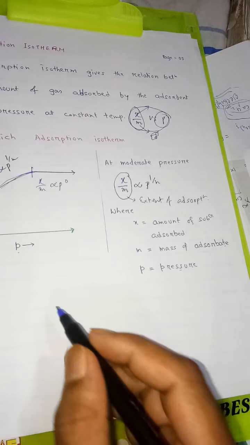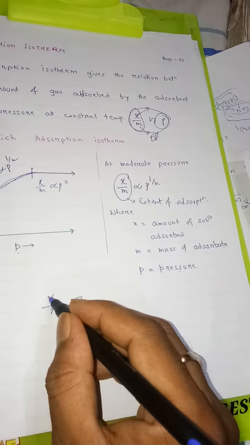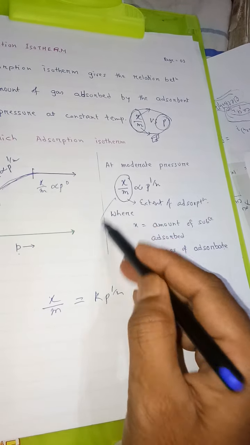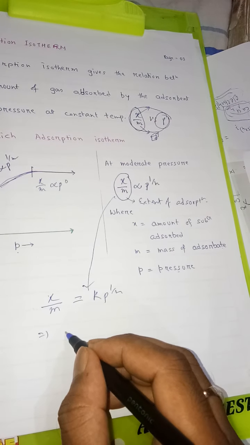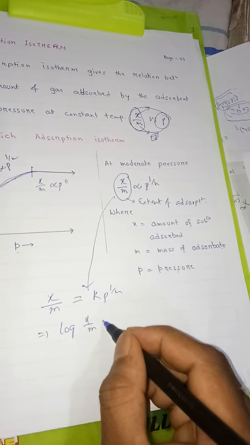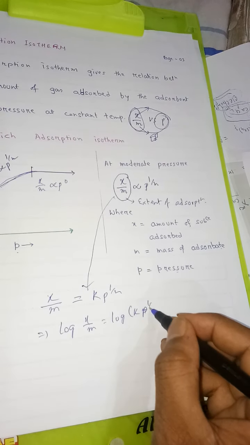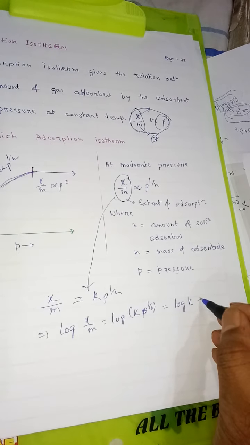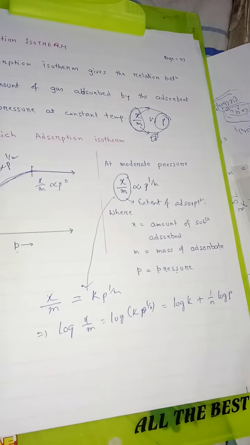Now, x by m is equal to some constant k, p to the power 1 by n. This equation can be written like that. If I take log on both sides, log x by m equals log k p to the power 1 by n, which can be written as log k plus 1 by n log p.